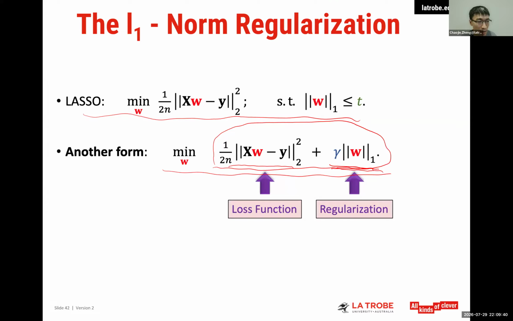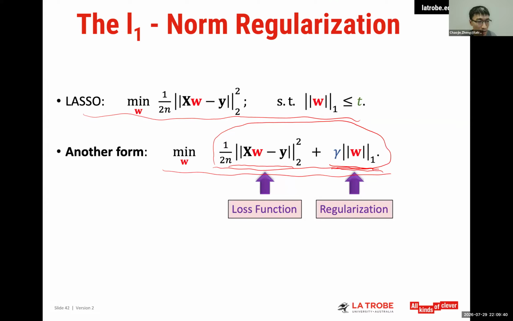regularization. And we can freely choose what method we use as the loss function and what method we use for the regularization. So it is a more general format for this type of method.